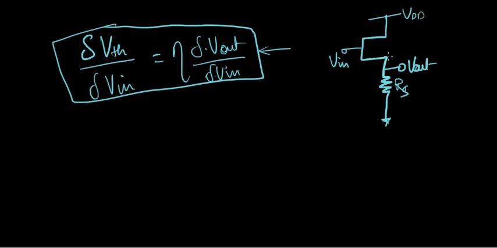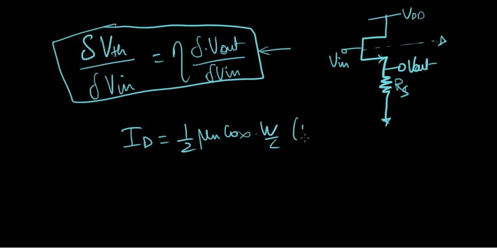And we know that this is the bulk. First of all, we have the general current equation. A few facts I talk about today might seem redundant, but just bear with me. ID = μn Cox W/L (VGS − VTH)², right?